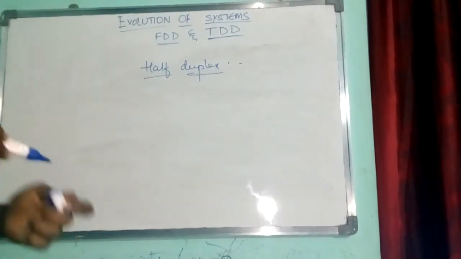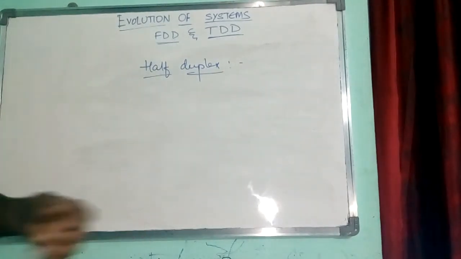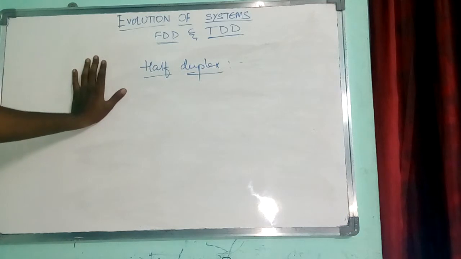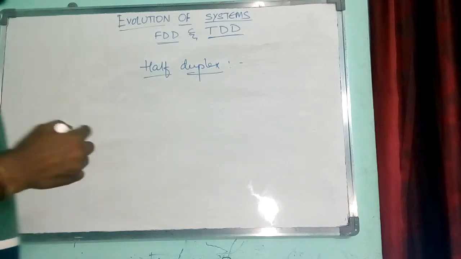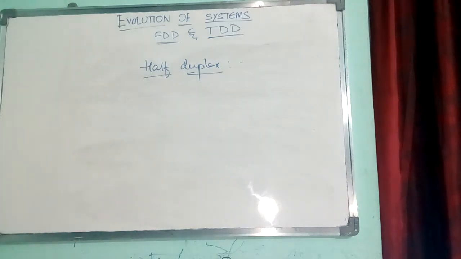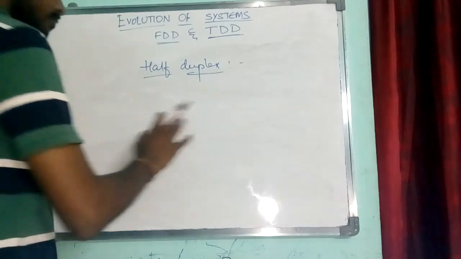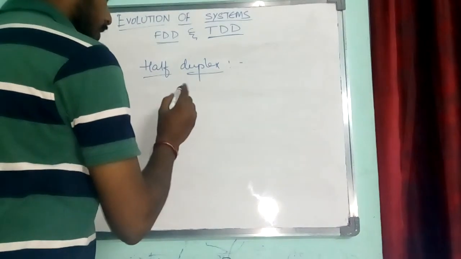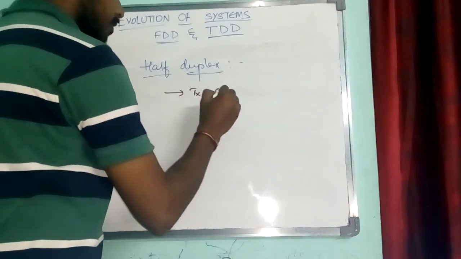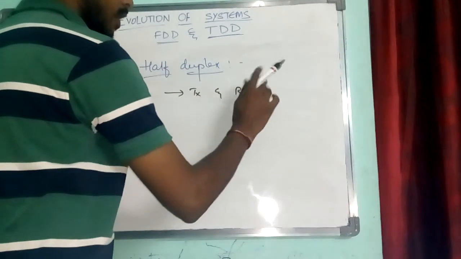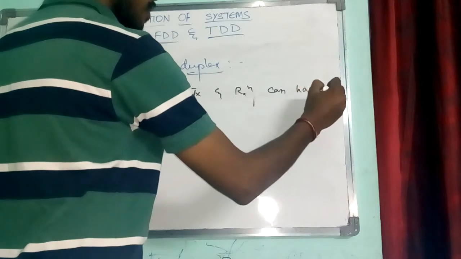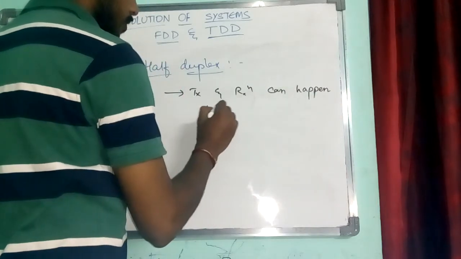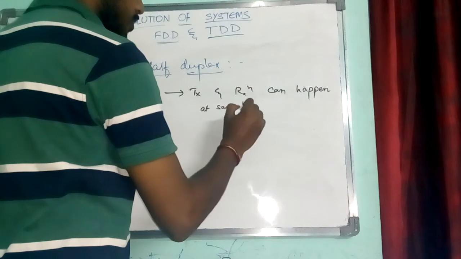What does it mean? A half duplex system is a system wherein both transmission and reception can happen, but not at the same instant of time.